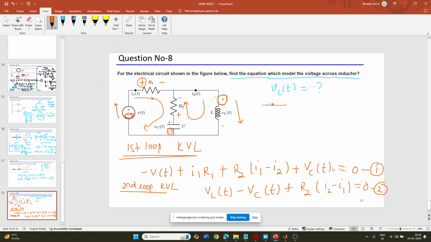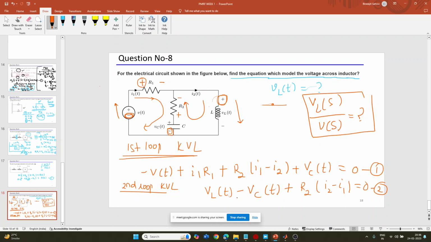Now, as you know these equations 1 and 2 are there, you have to find the voltage across the inductor. Solve these two equations and find the relation between VL(s) divided by input V(s). This is homework for you.